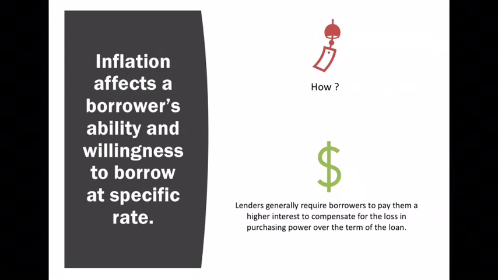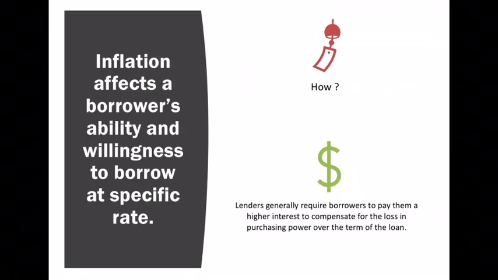That means in 2 years' time, if you try to buy that item, it will cost you more than $12. So there's no benefit of lending money at a lower interest rate when inflation is present in a society.